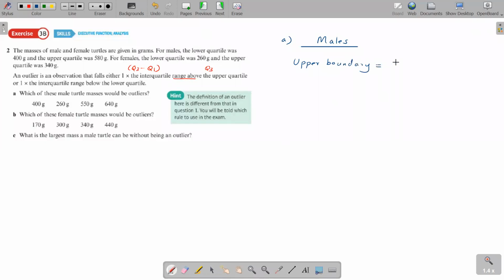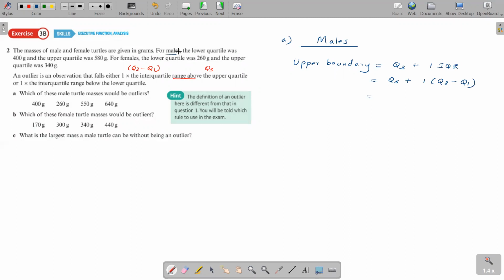The upper boundary is Q3 plus 1 times the interquartile range, because that's what they say. An outlier is an observation that falls 1 times the interquartile range above the upper quartile. So Q3 plus 1 times the interquartile range, which means Q3 minus Q1. Shall we do this for the males? I think we know the Q3 and Q1 for the males, right?